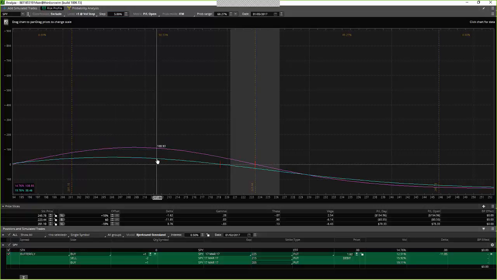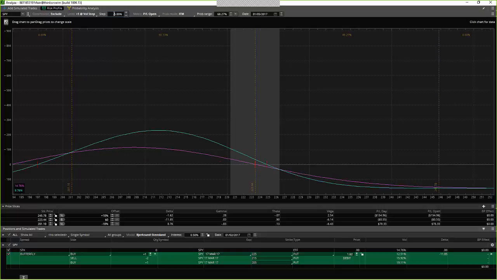Here's a volatility of 19. Here's a volatility of 14. And if I make this a minus 5, here's a volatility of 9. A negative volatility is pretty much the same thing as time passing.